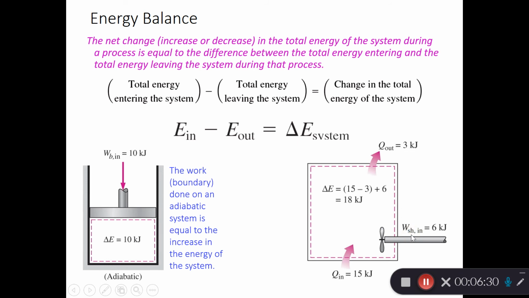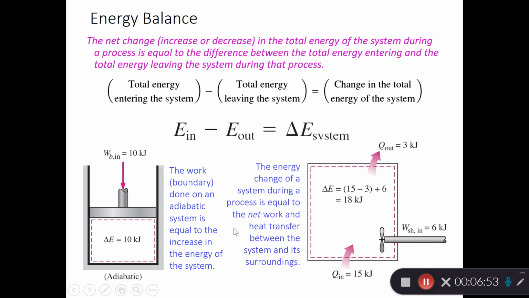So in total, we have 18: 15 minus 3 for the heat, plus the 6 for the work, equals 18. That's how we use this equation. Very simple. At this point, if you are not clear, you can rewind. I'm going to proceed.